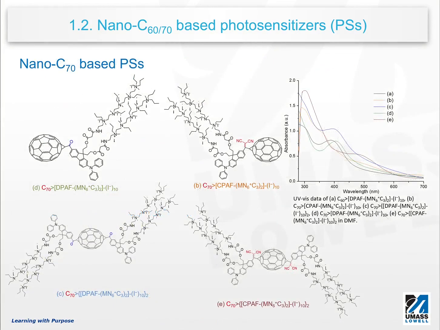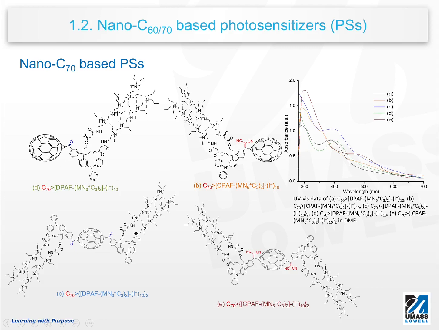So based on all this knowledge, we then developed a C70-based DPAF molecule, which should have more efficient electron or energy transfer, and also this will enhance the corresponding absorption range, because C70 itself has an absorption range around 500 to 550 already.